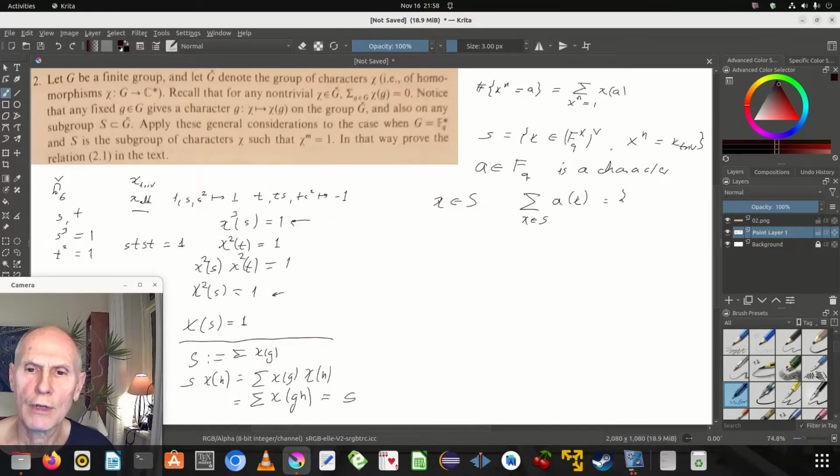So we have two possibilities, A trivial, non-trivial, and then the cardinality of S in case A is trivial.